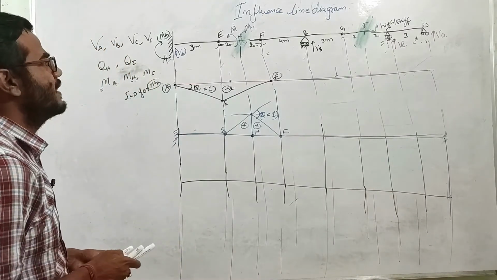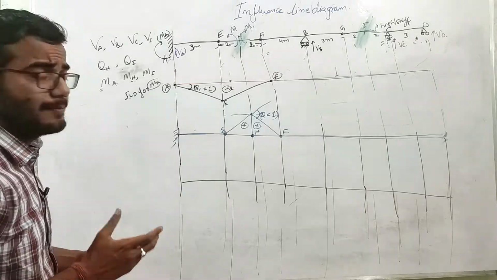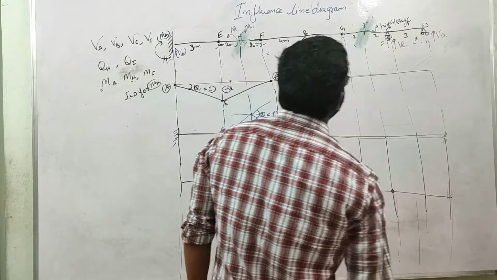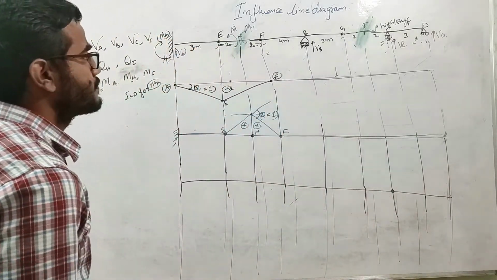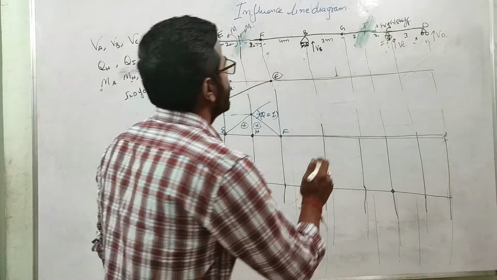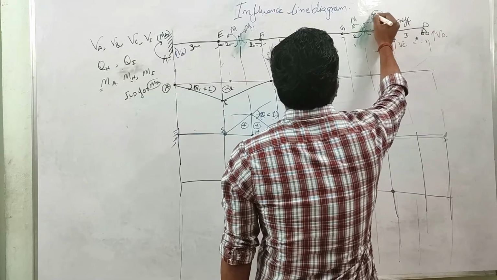Now to draw the bending moment ILD at point I, we need to release the moment at point I. So I need to give one internal hinge at this point I. I'm assuming the moments at I are acting like this.